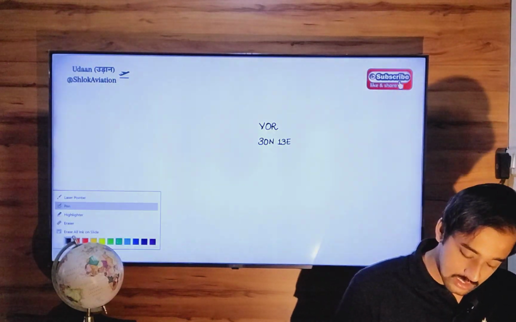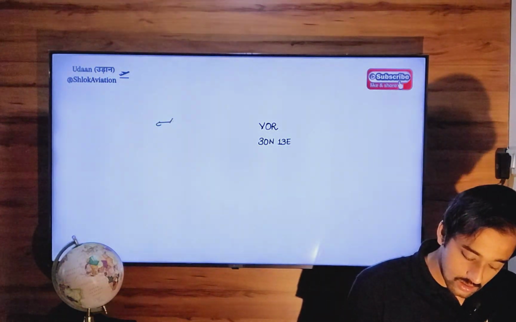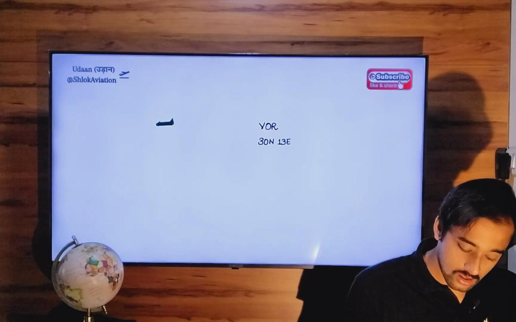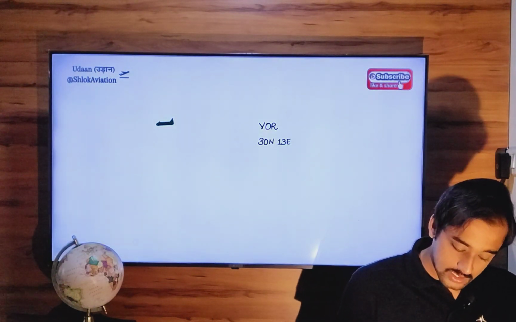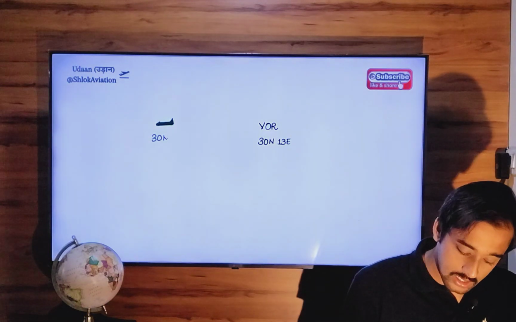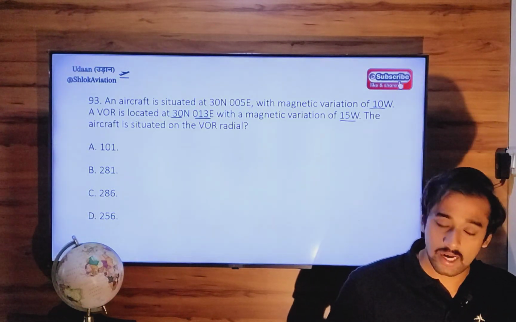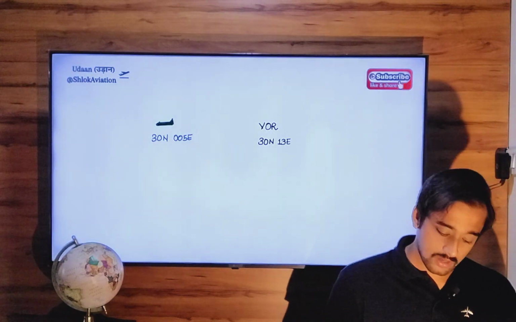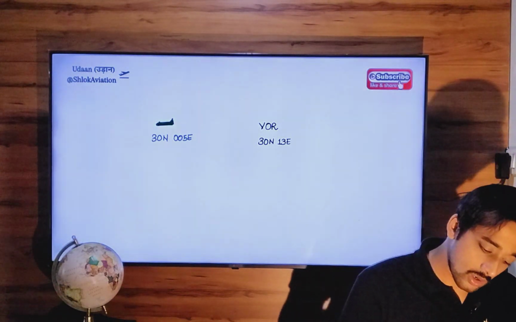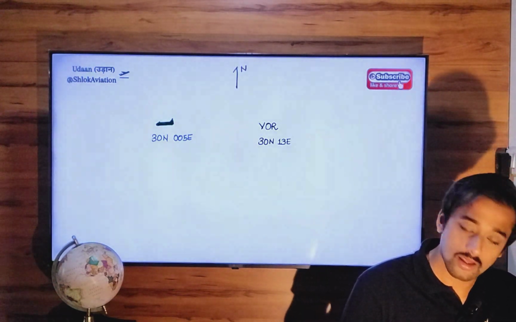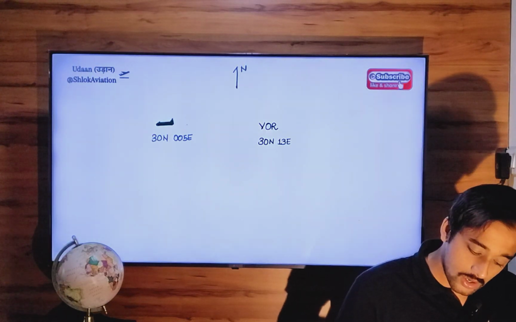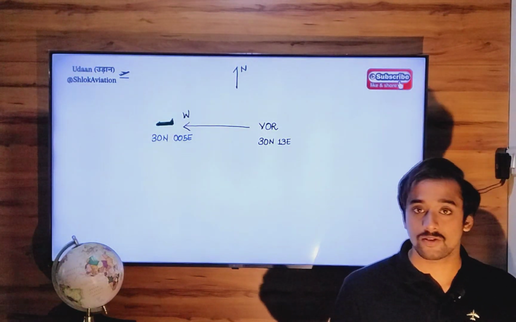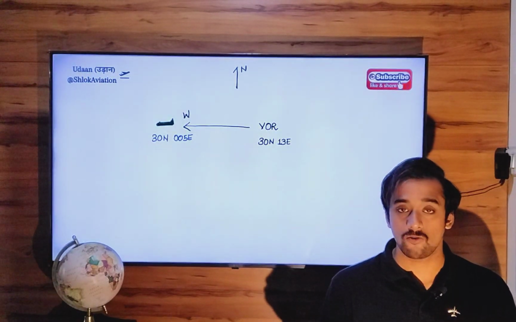Aircraft is at the same 30 degrees north but 5 degrees east. So that means if this is your north direction, your aircraft is to the west of the VOR.